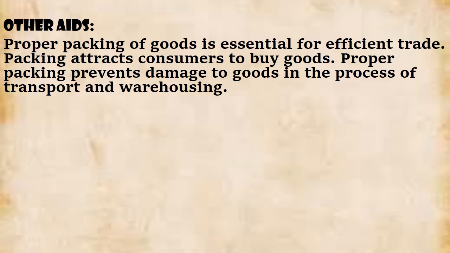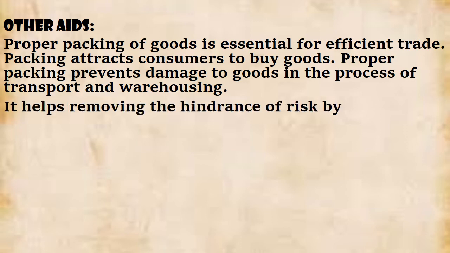When you have attractive packing of your product, customers will easily notice it, it will be easily visible on the shop rack, and the customer will demand it. Not only does attractive packing attract consumers, but good packing also protects the goods during transporting and while keeping them in the warehouse. It helps remove the hindrance of risk by ensuring the safety of goods.